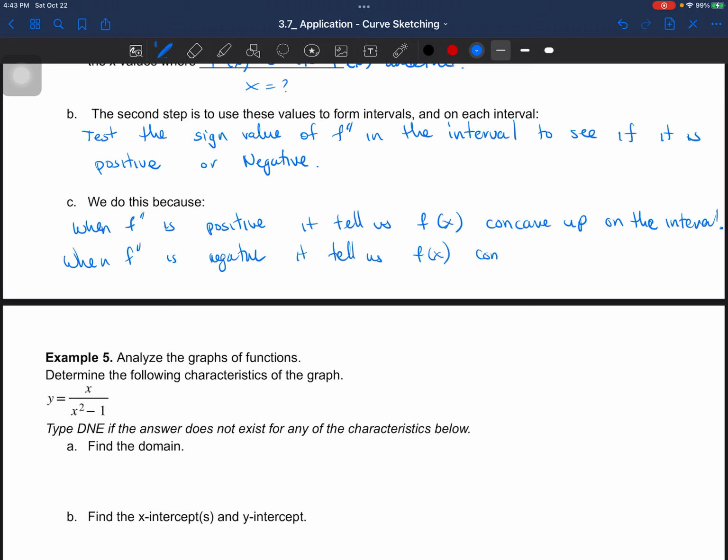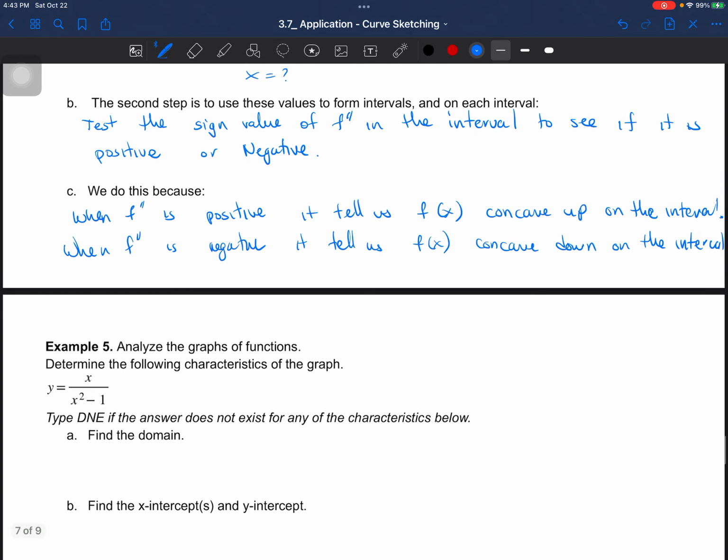And when f double prime is negative, it tells us f of x is concave down on that interval. Right? And so that's why we have the interest of looking for the sign value.